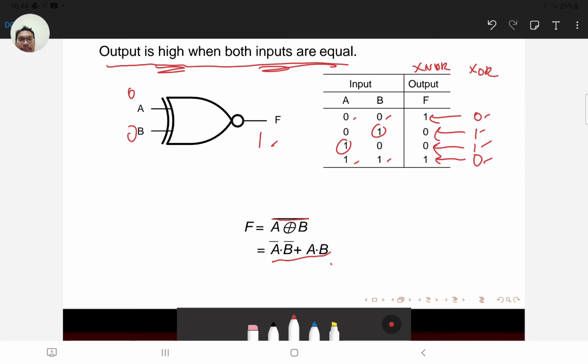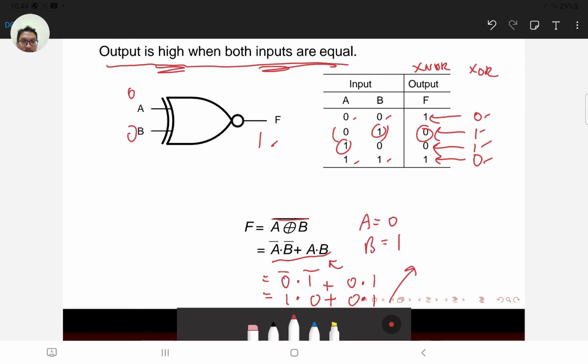So for example, if we say that A is equal to 0 and B is equal to 1, and we know that the XNOR is going to be 0. So here we can see that 0 bar dot 1 is 1 dot 1... so here it is going to be 1 dot 0 plus 0 dot 1.